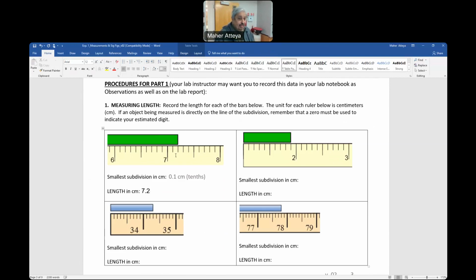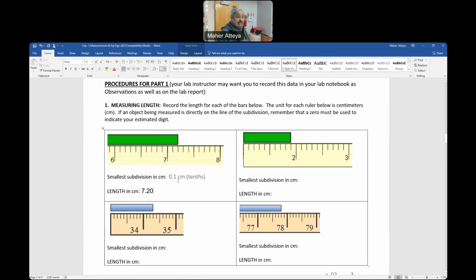Somebody will say, well, it's 7.19, correct? Close to that. And that's what the significant figures are about: you always have an issue with the certainty of the last digit of the decimal. So is it 7.19 or 7.20? You said 7.2, so I will say 7.2. Oh, you don't have to write centimeters, it's already in centimeters.